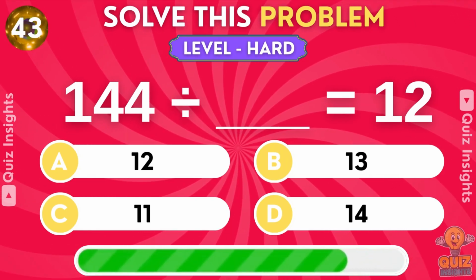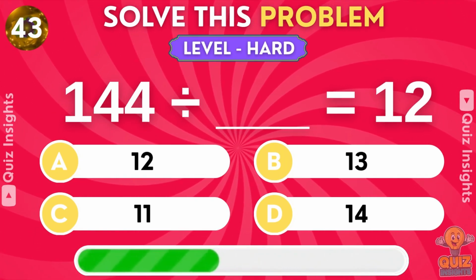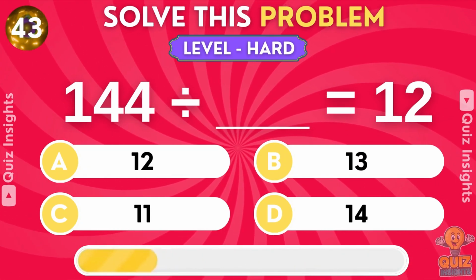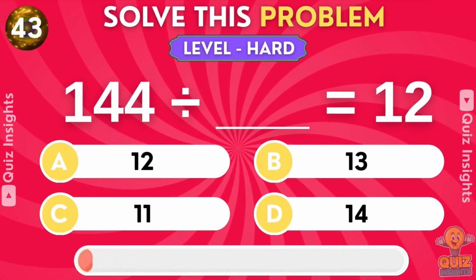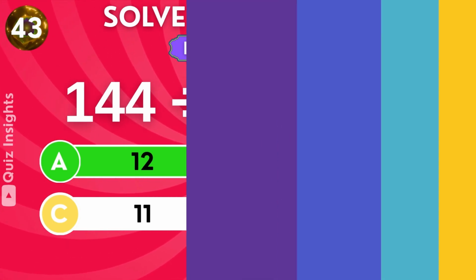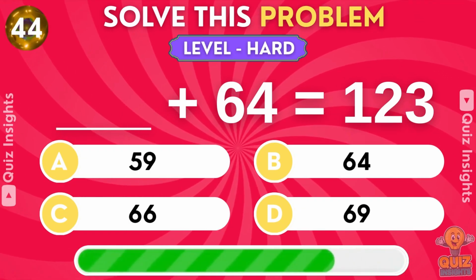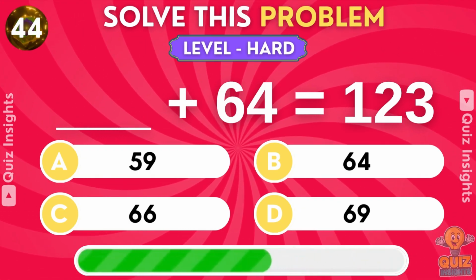144 divided by what number equals 12? You got it. It's 12. What number plus 64 equals 123?